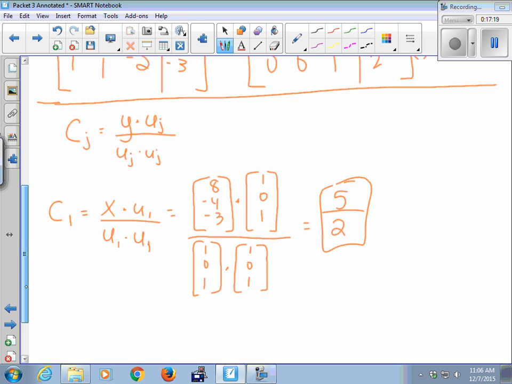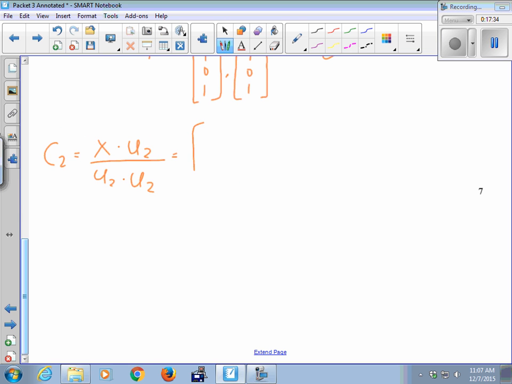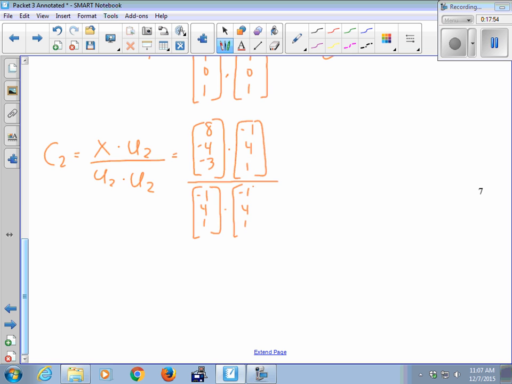Okay, let's see. If I calculate c2, that would be x dot u2 over u2 dot u2. It's going to come out to -3 halves. We know that. So we've got (8, -4, -3) dotted with the second vector in my basis, (-1, 4, 1), over (-1, 4, 1) dotted with (-1, 4, 1).